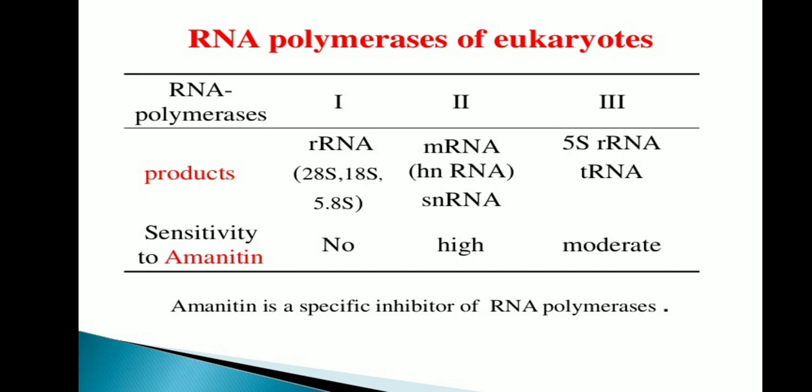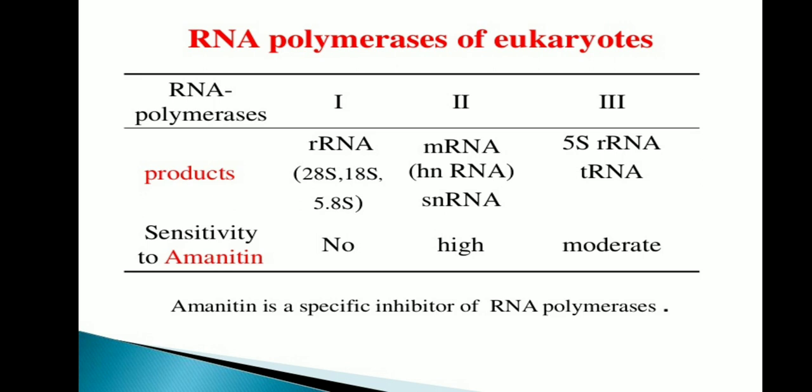There are three different kinds of RNA polymerase in eukaryotes: RNA polymerase I, II, and III. The product of RNA polymerase I is the rRNAs, that is 28S RNA, 18S RNA, and 5.8S RNA.